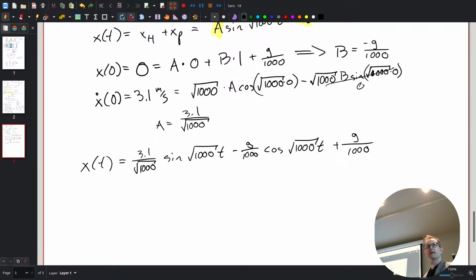Now we have a function and it's doing what we want. At time 0, it has an initial speed, 0 initial displacement, then it'll bounce down and come back up. And if we have position, then we can take derivatives, we can find velocity, we can figure out what the acceleration is.